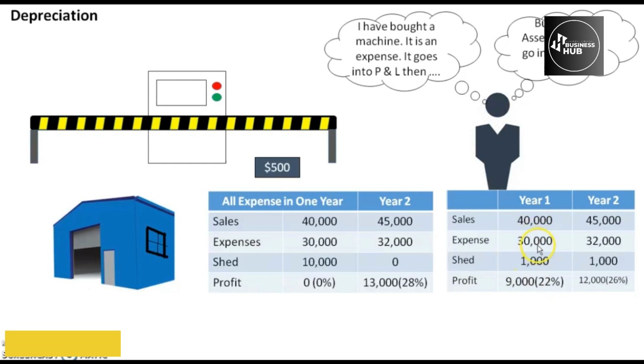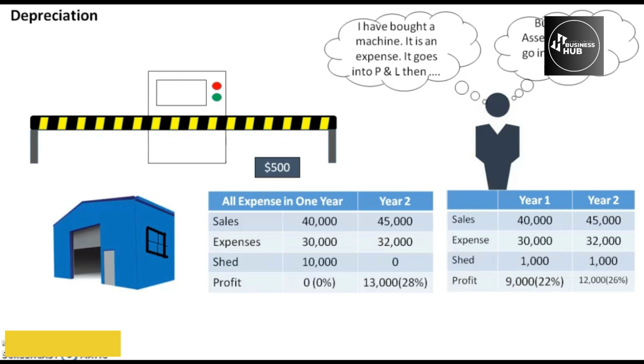The same expenses, the same sales, the shed is being considered as 1,000 rather than 10,000, and here our profit margin is around 22%, whereas in the second year it is around 26%. Moving further, those $1,000 will be considered because the shed is being used all those 10 years.